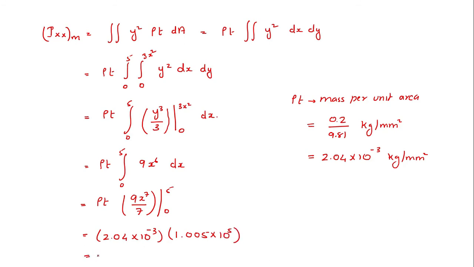If you multiply this, 204.91 kilogram millimeter square. So this is Ixx, the mass moment of inertia with respect to the x-axis.